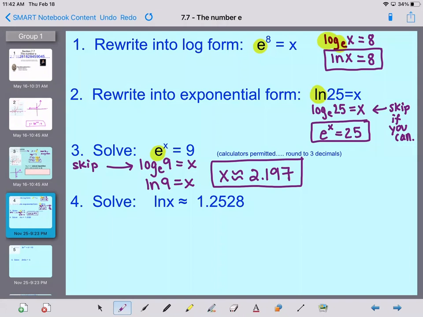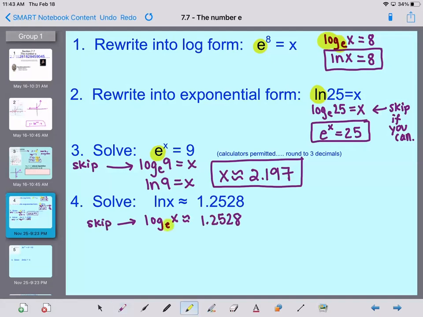Okay, number 4. Number 4 is a log equation. So we're going to isolate the log, which it already is, and then change forms. If needed, you might want to do this. Some of you might be able to skip this step. Skip it if you can.